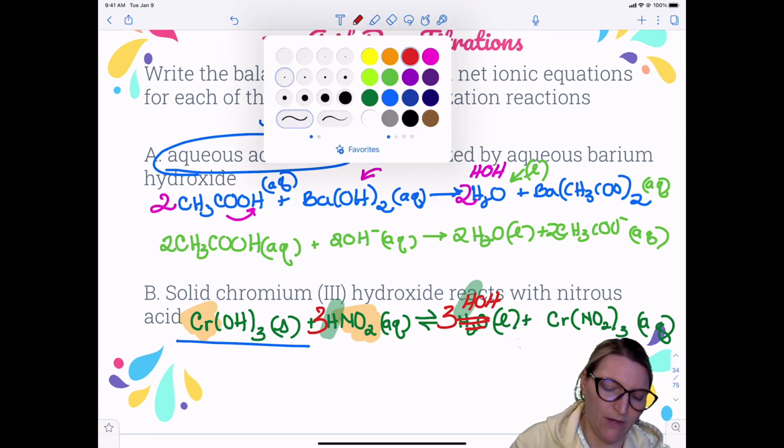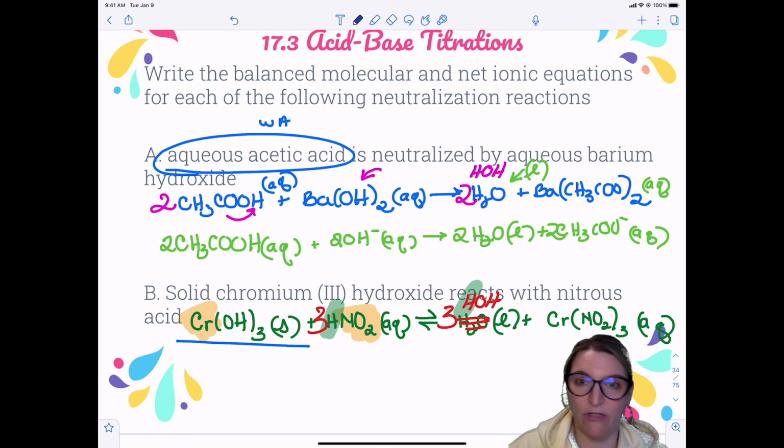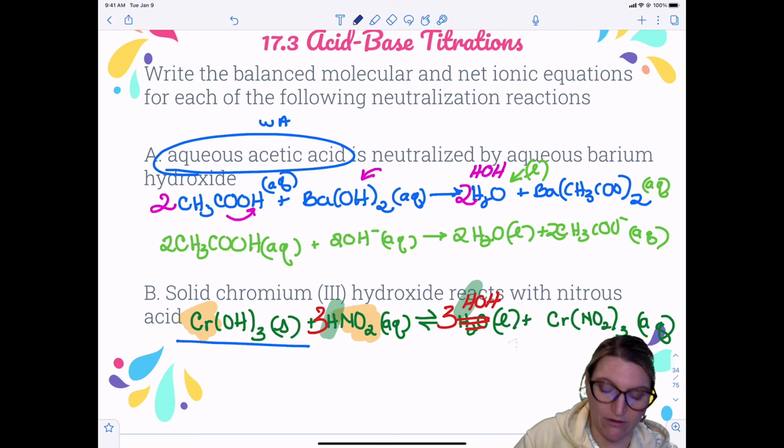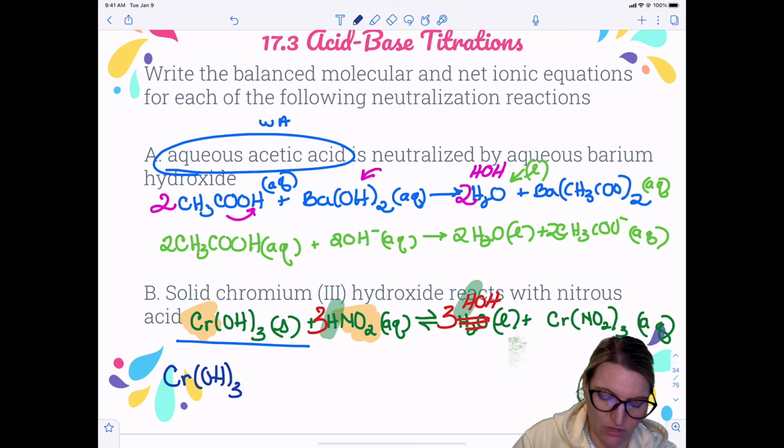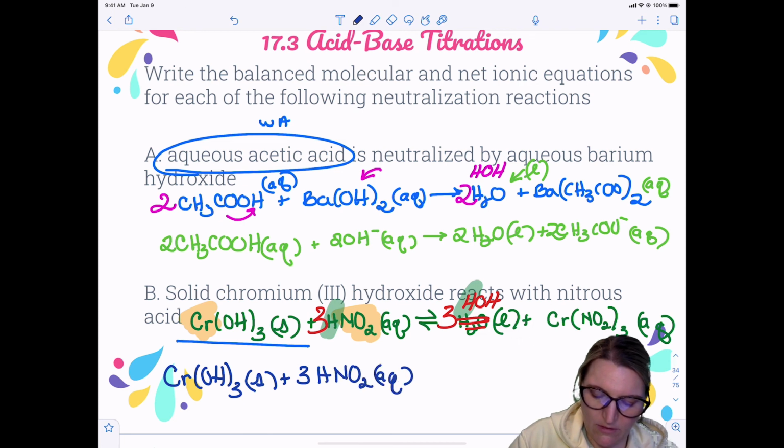So now I can write the net ionic equation, but remember, I'm actually not going to dissociate all that much in here. Solid chromium hydroxide, it tells me it's solid, so I am not dissociating that. Weak acids, I don't dissociate. Right?